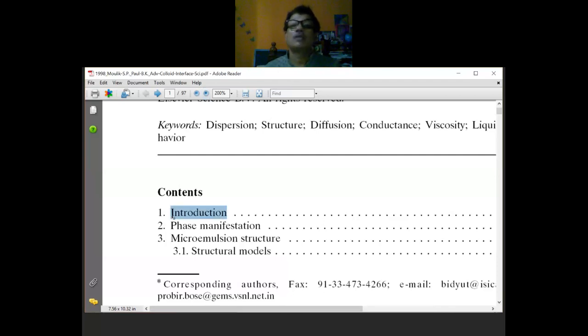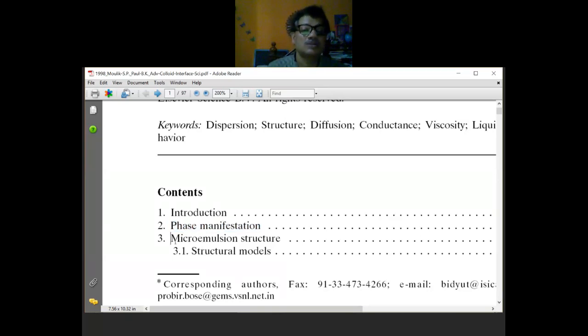We saw what an emulsion is, what a microemulsion is, their classification, and how their phase diagram is constructed. Phase diagram is a routine work for the people who work in the field of microemulsion, where you can tell the type of the microemulsion, whether it is a single phase zone or a multiple zone, whether it is oil in water microemulsion or water in oil microemulsion or a bicontinuous medium.